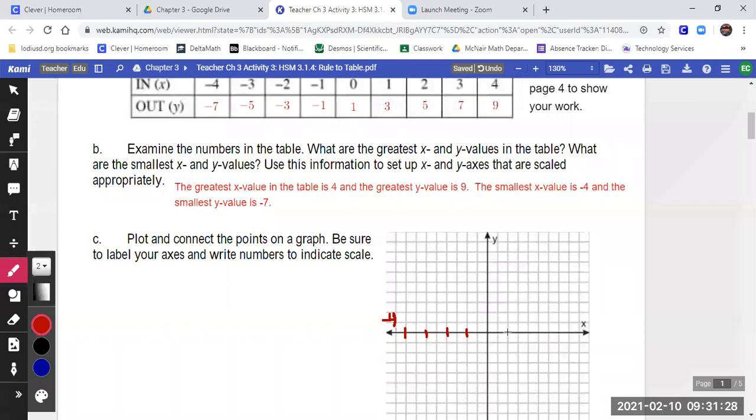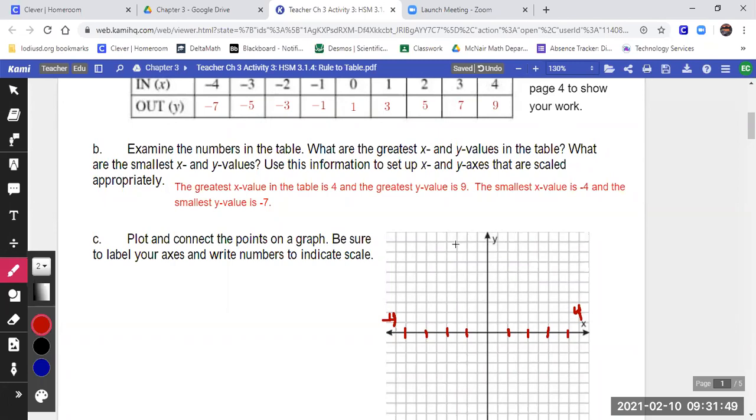So I can go to my smallest. I can go every other line, 1, 2, 3, 4. I can go +4. So I can use every other line for my x's.